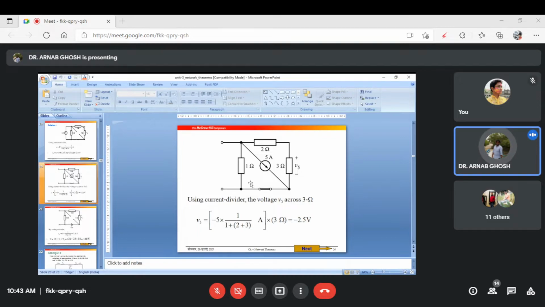Current divider rule, reciprocal of the resistances. You get minus 2.5 volt because the current is flowing in this direction, which is the reverse direction of the voltage. So for the 5 ampere current source, your voltage is coming out to be 2.5 volt.